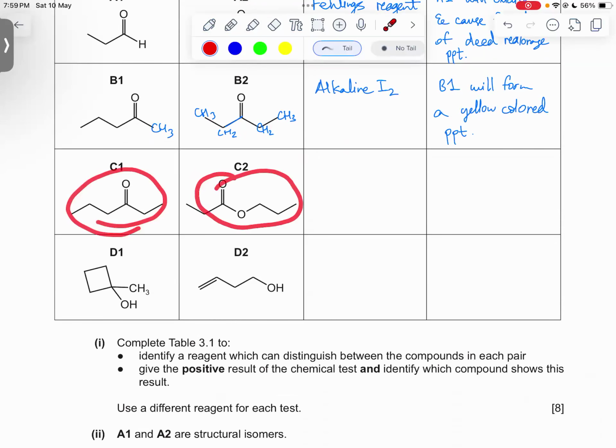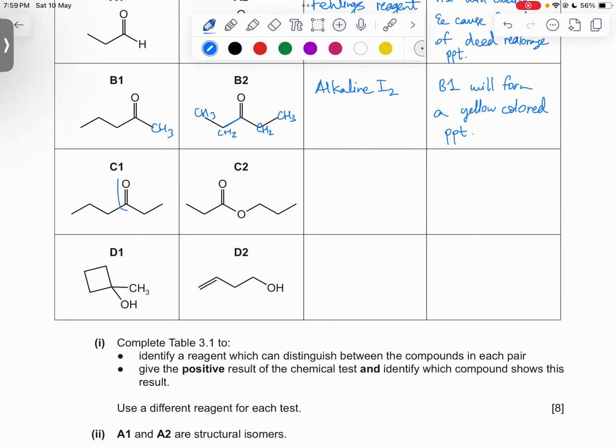Next question. Now the next question contains another ketone and it contains an ester. So this is a pure carbonyl carbon and this is not an impure carbonyl carbon. So we can use 2,4-dinitrophenylhydrazine, 2,4-DNPH.